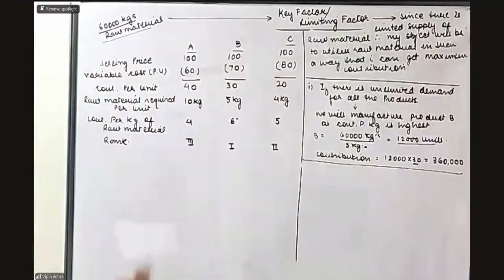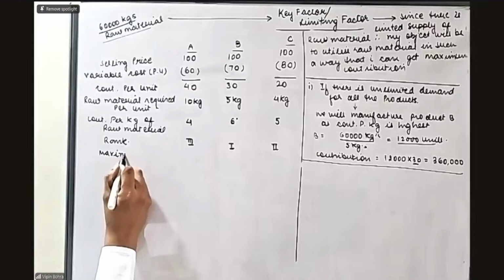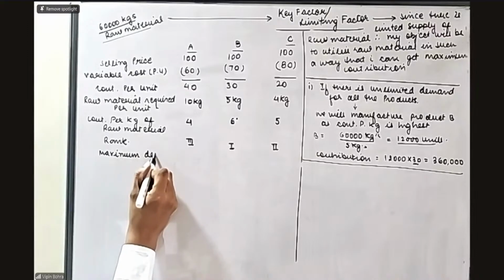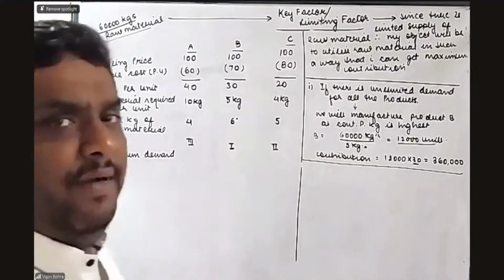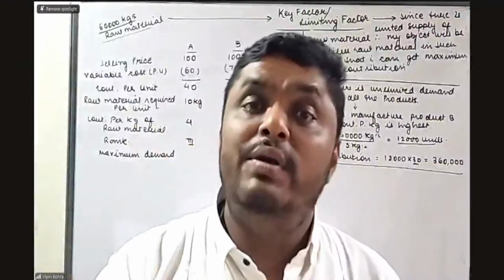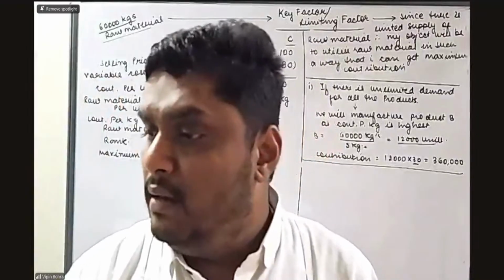Now let's say in the question maximum demand is given. That is, we cannot sell more than this many units in the market.